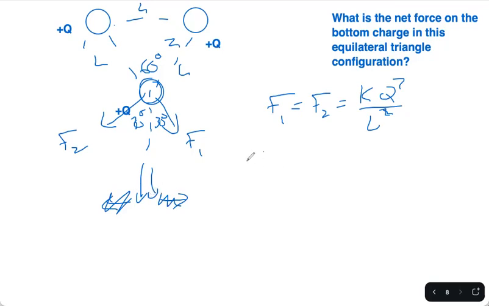So that means that the sum of the forces in the y direction, your net force, is going to be going down, KQ squared over L squared times, well, let's see, that's adjacent to the hypotenuse, so that would be cosine of 30 degrees. And there's 2 of them that are doing that.